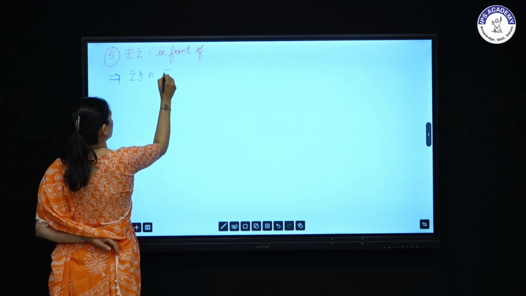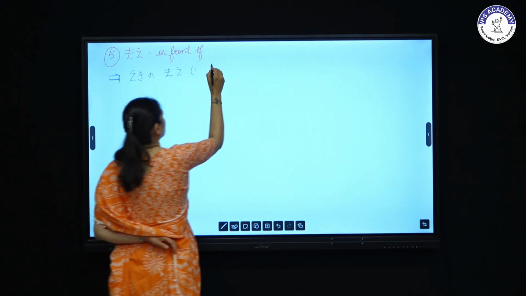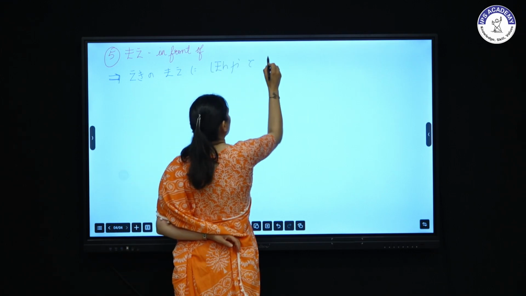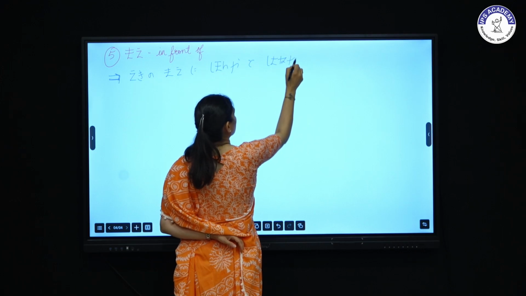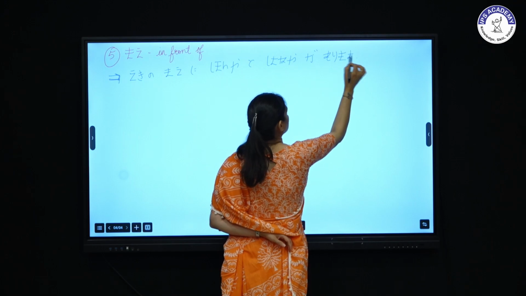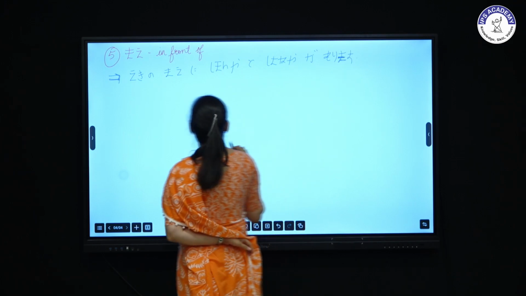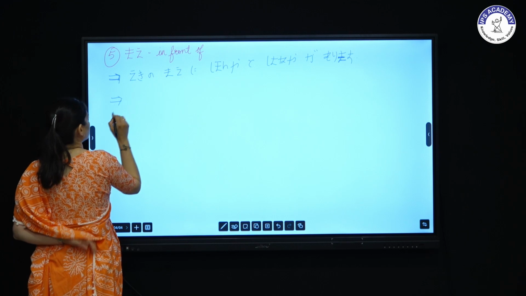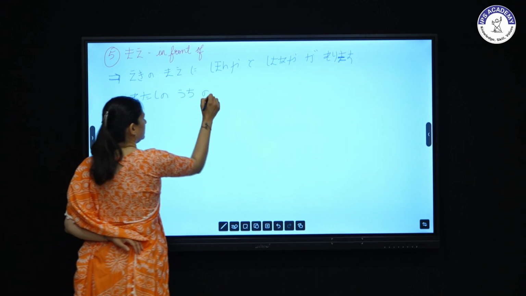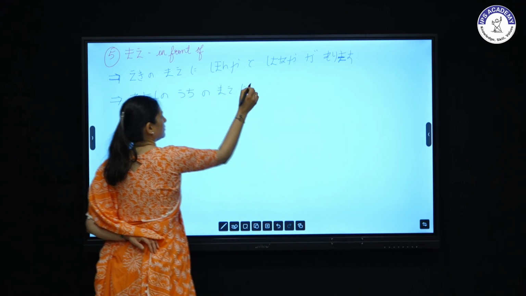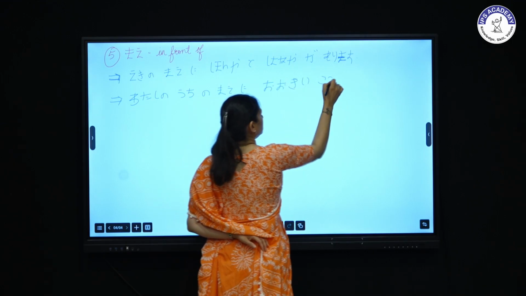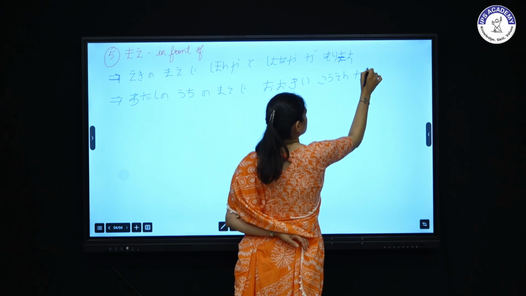Eki no mae ni honya to hanaya ga arimasu. Second one, watashi no uchi no mae ni ooki kouen ga arimasu.